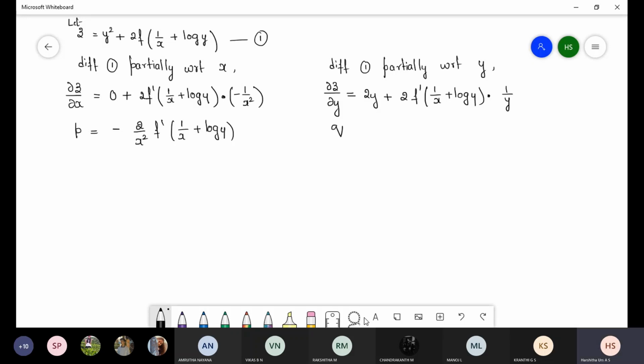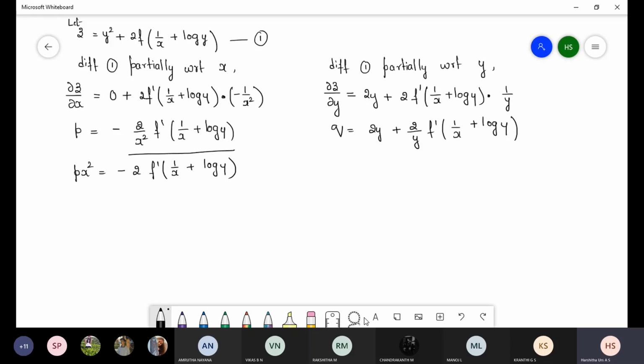Again, here q is equal to 2y plus 2 by y into f dash of 1 by x plus log y. Now, we can rewrite this term as p into x square is equal to minus 2 of f dash of 1 by x plus log y. So this 2 into f dash of 1 by x plus log y we can substitute in this equation.